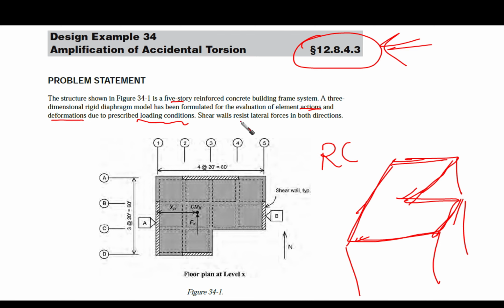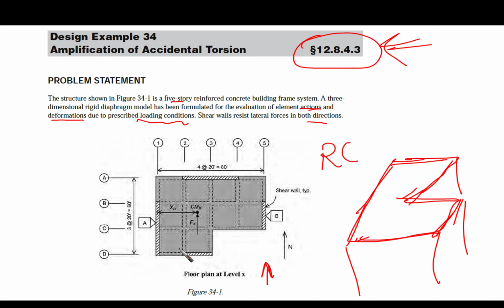Shear walls resist lateral forces in both directions. Here you are going to find a shear wall indicated as A and another shear wall which is B. Our direction for the earthquake is the north-south direction. In the perpendicular direction, which is not going to be considered in our example, we also have shear walls.